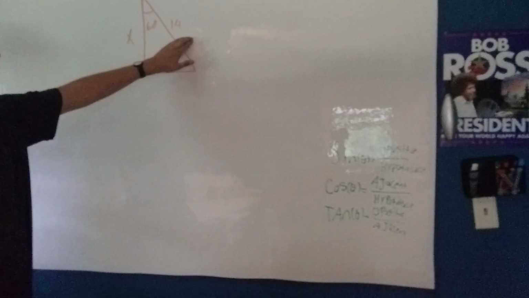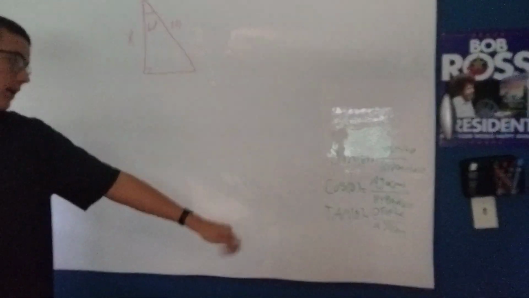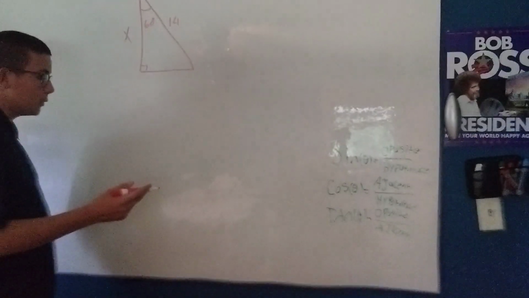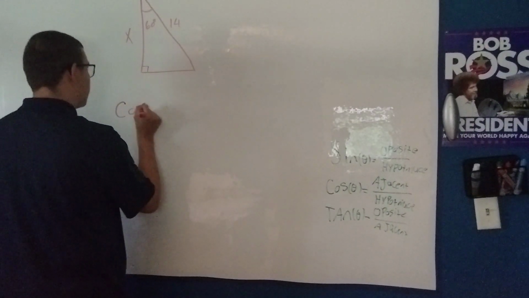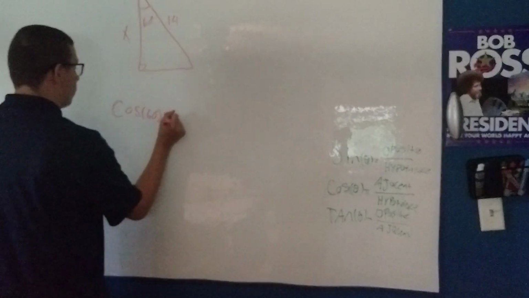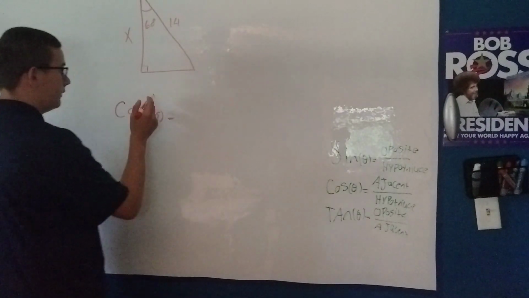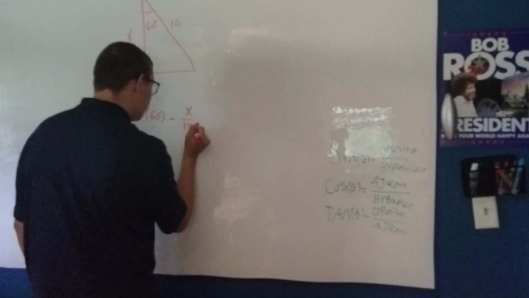The adjacent and the hypotenuse. Which one has the adjacent and hypotenuse? That is the cosine. And with the cosine, we go the cosine of 60 degrees equals our adjacent over the hypotenuse, x over 14.